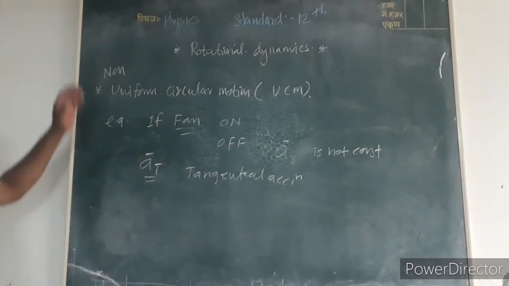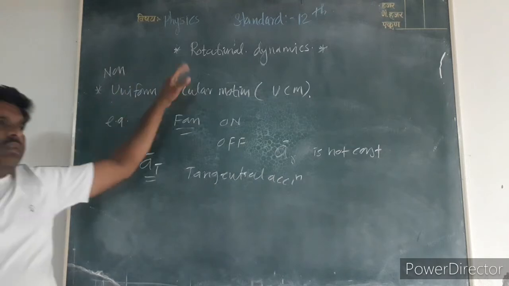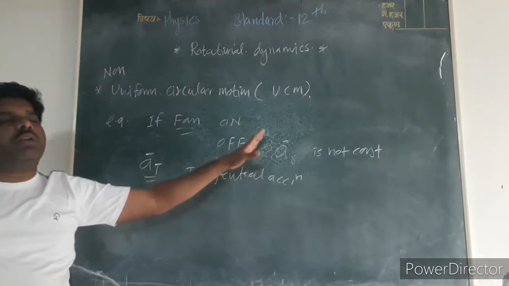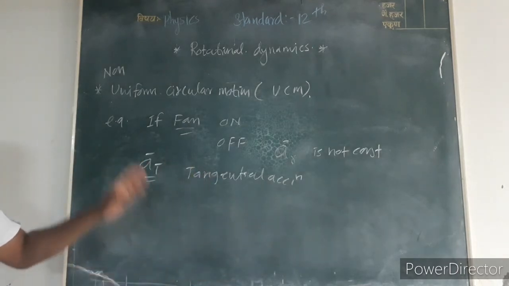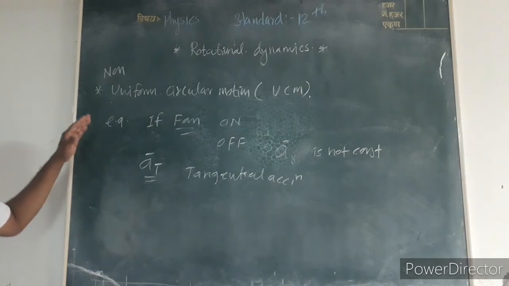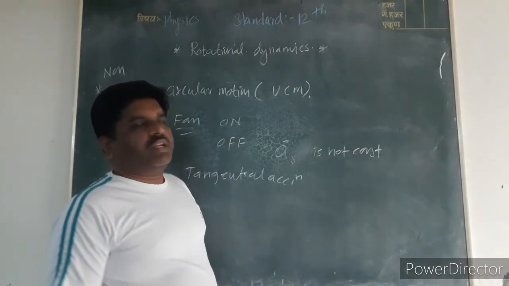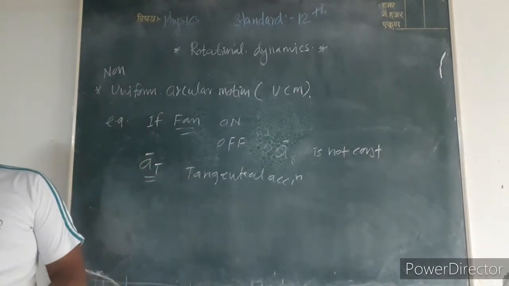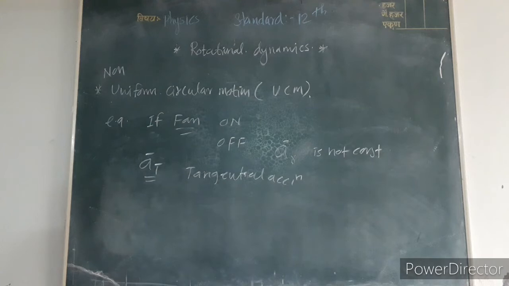This is about uniform circular motion. During circular motion, if the speed of the particle remains constant, it's called uniform circular motion. In non-uniform circular motion, the speed of the particle is not constant; it is increasing or decreasing.